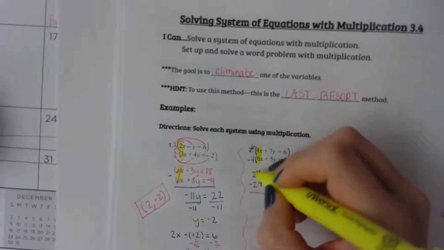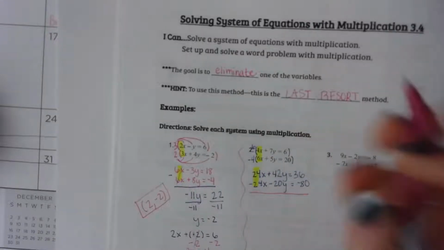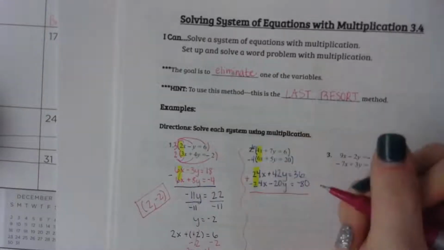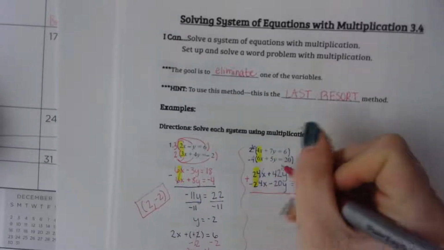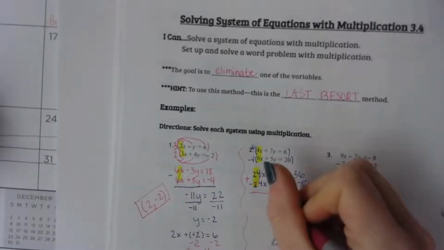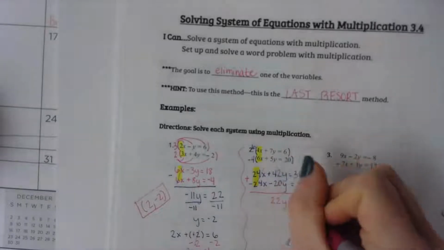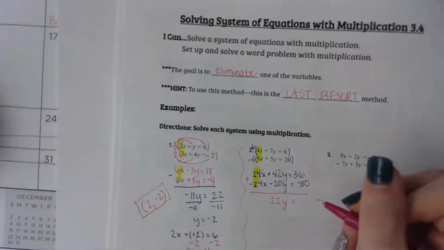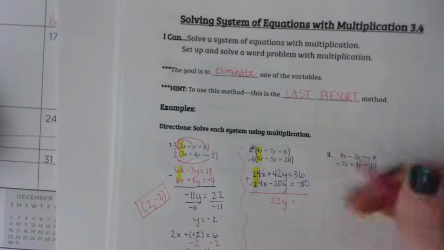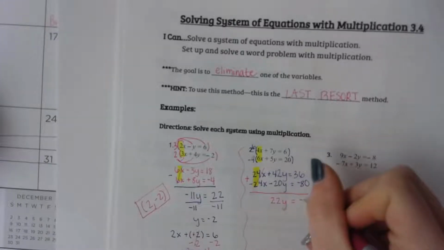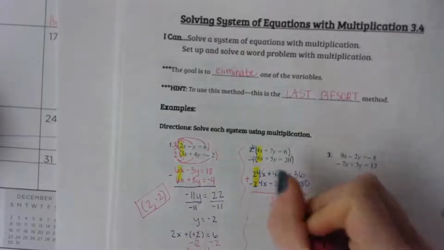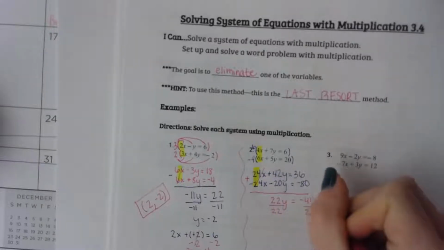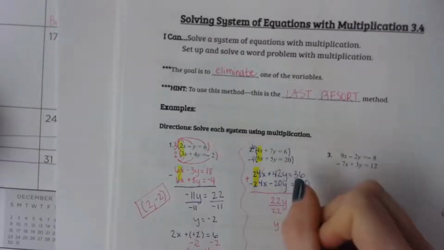So now these are opposite, so I get to add. So those are going to cancel. 42 plus negative 20 is 22y, equals 36 plus a negative 80, which is negative 44. Divide by 22, and y equals negative 2.